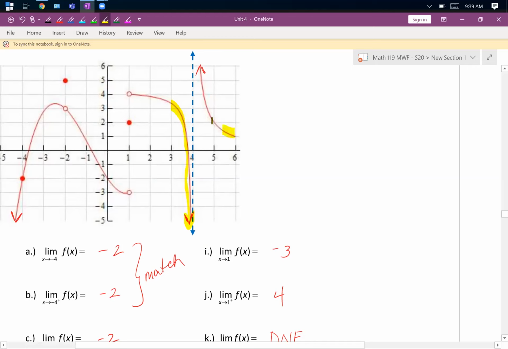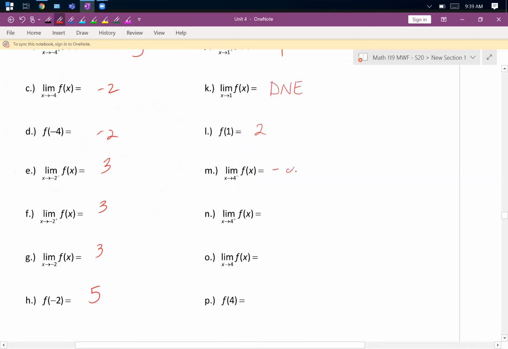And if we look at the limit as x approaches 4 from the right, we're approaching positive infinity. And since our left and right hand limits don't match, that means our limit as x approaches 4 does not exist.